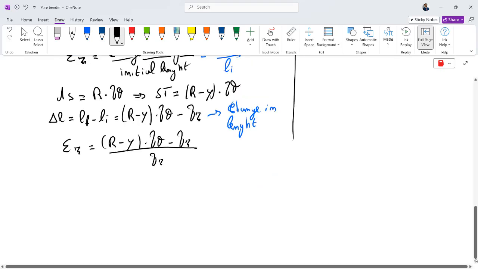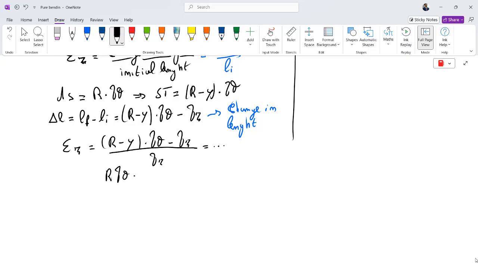We can make some simple calculus. So epsilon z is equal to r d theta minus y d theta minus dz, divided by dz.